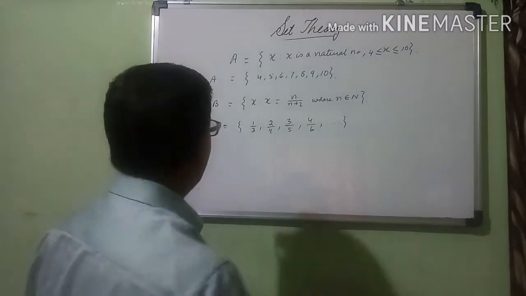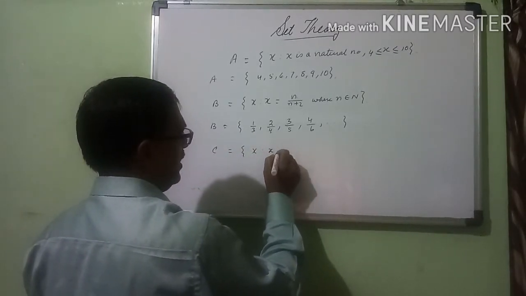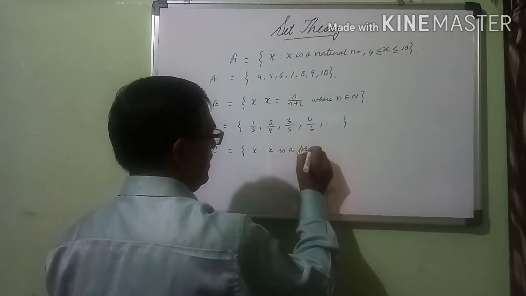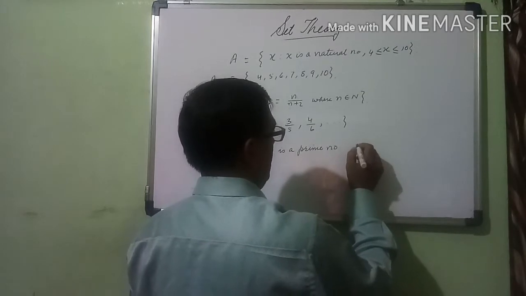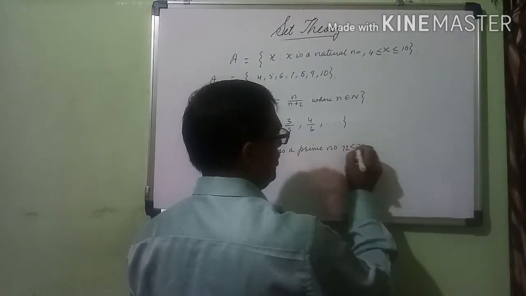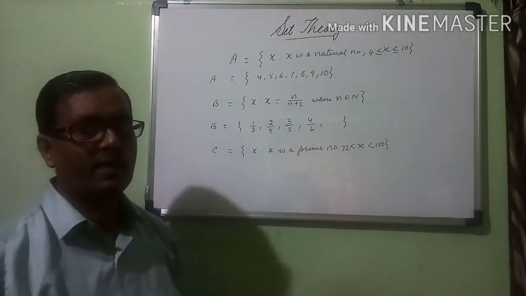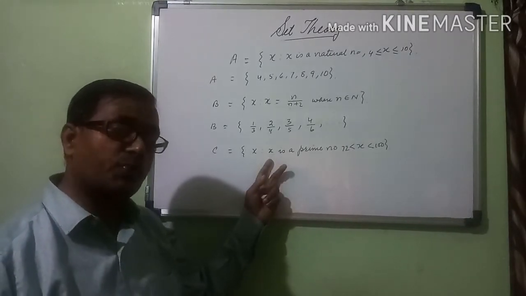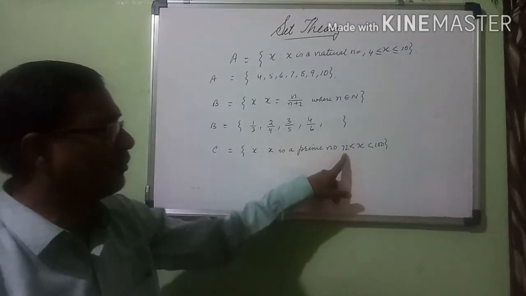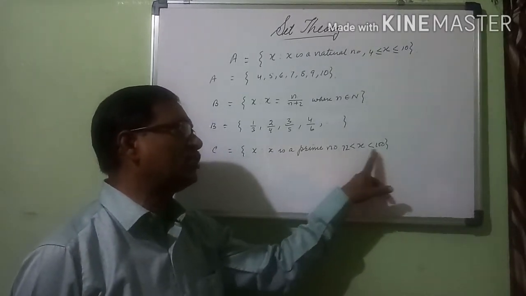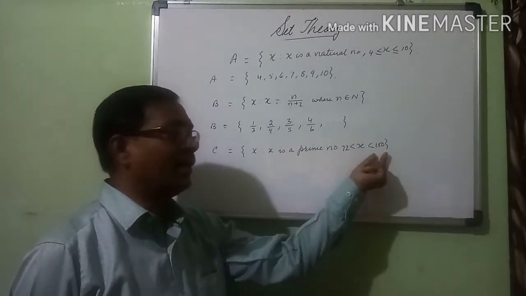Let us take another example. Say C is equal to {x such that x is a prime number, x is greater than 72 but less than 100}. What is the specification? What is the property? What is the characteristic here? It indicates that your prime numbers must be between 72 and 100, where neither 72 is included nor 100 is included.